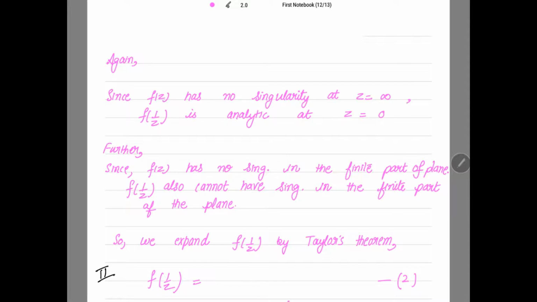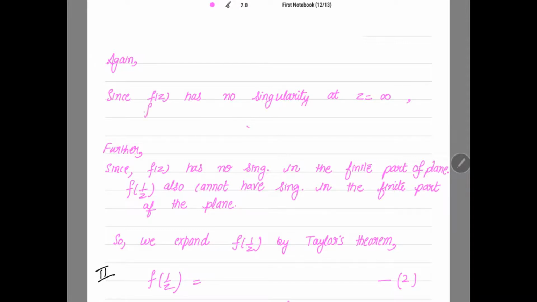Alright, I'm writing a step in between so that it's more clear to you. Alright, f(z) has no singularity at z equal to infinity.